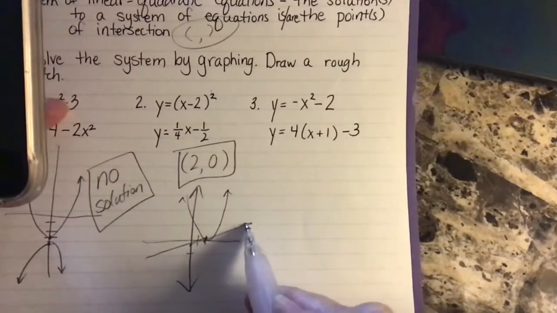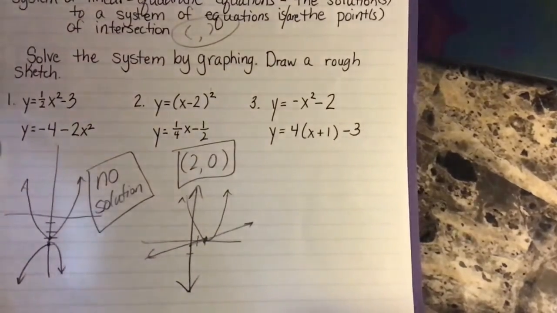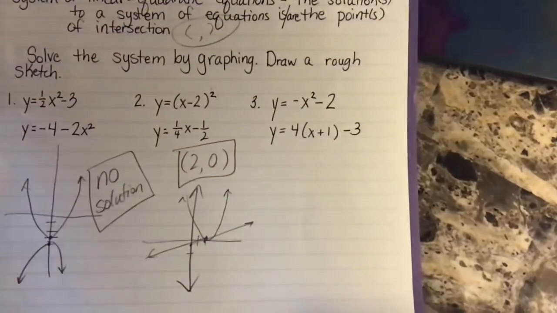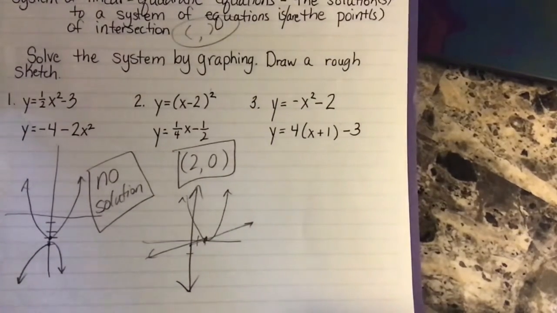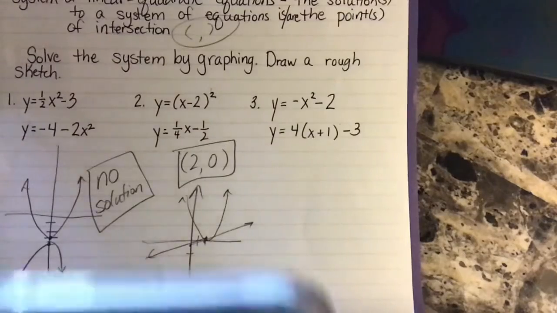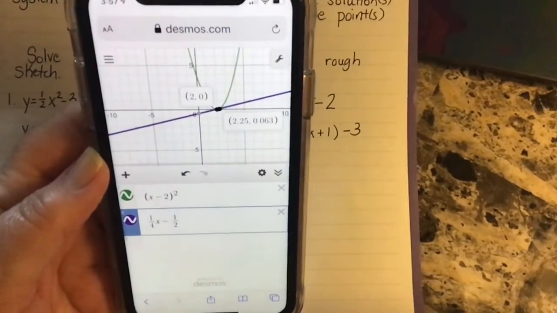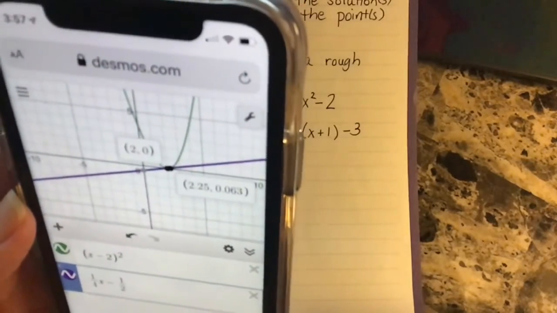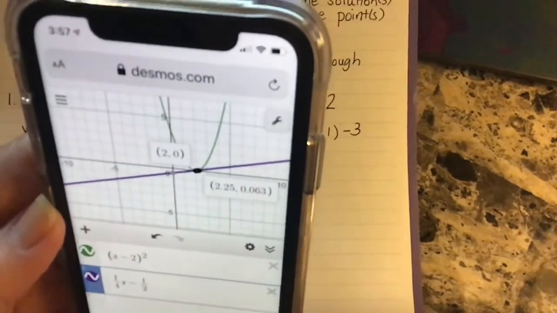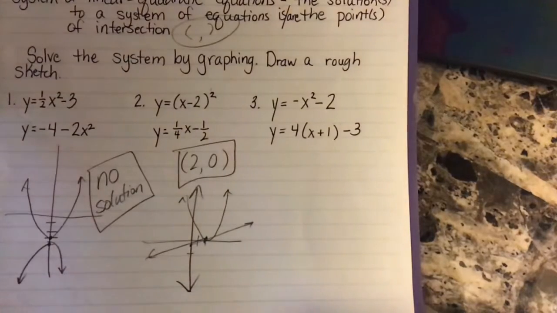I didn't do a very good job drawing that rough sketch, because when you look at that equation, it doesn't intersect the green again, just at 2, 0. Or maybe it does. Maybe that's that 2.5. Let me zoom in. Oh, it does. Look at that.